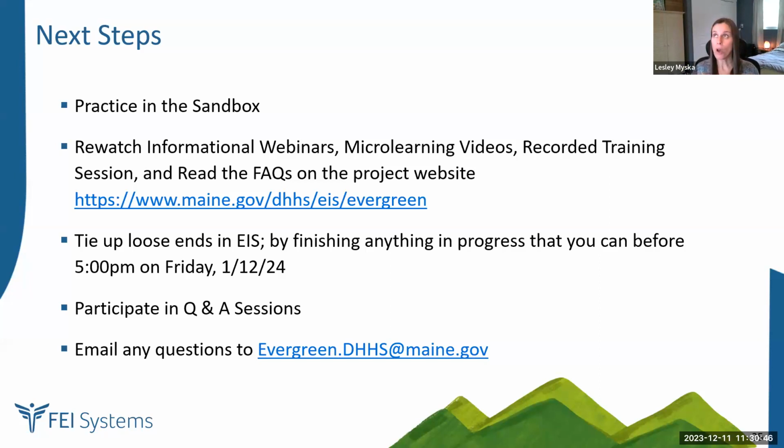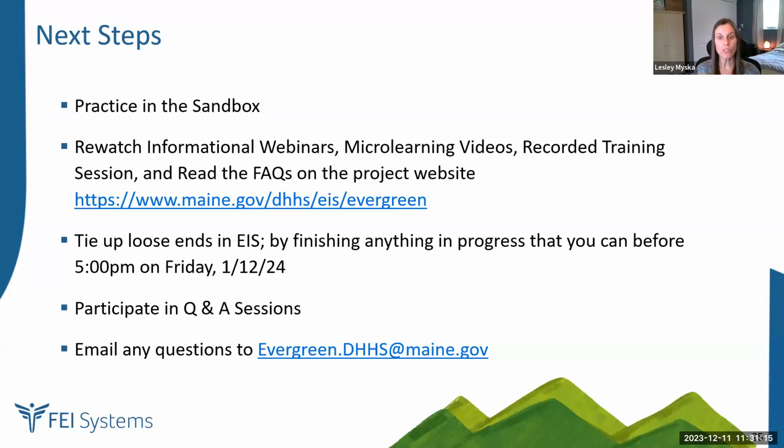In the meantime, while you're waiting for your training login, you can certainly go to our website at maine.gov/DHHS/EIS/Evergreen. You can find all of our informational webinars at the bottom of that first page. There are some great webinars if you didn't get a chance to participate in them live: one for the person record, one for reportable events and progress notes, and one for our person-centered planning to prior authorization process.